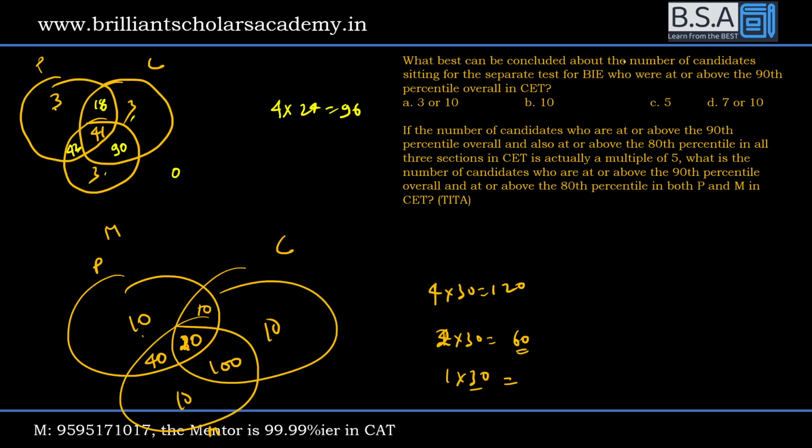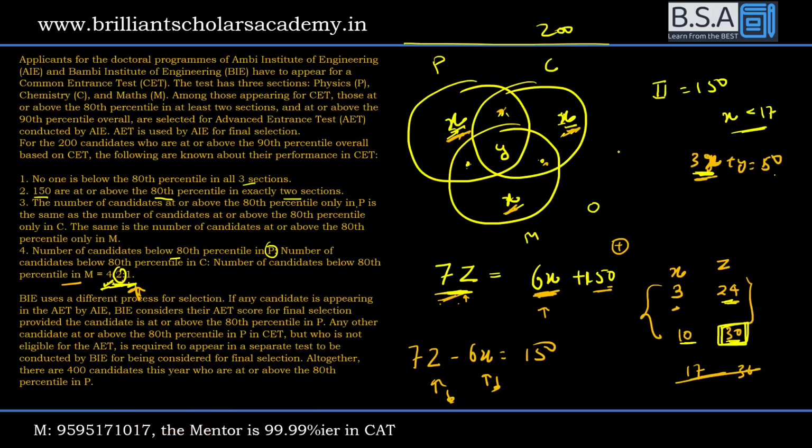What can be best concluded about the number of candidates sitting for a separate test for BIE? सेपरेट टेस्ट आप कब लिखोगे BIE के लिए? देखो AIE के लिए आपको किसी दो में स्कोर करना है, BIE uses different criteria.